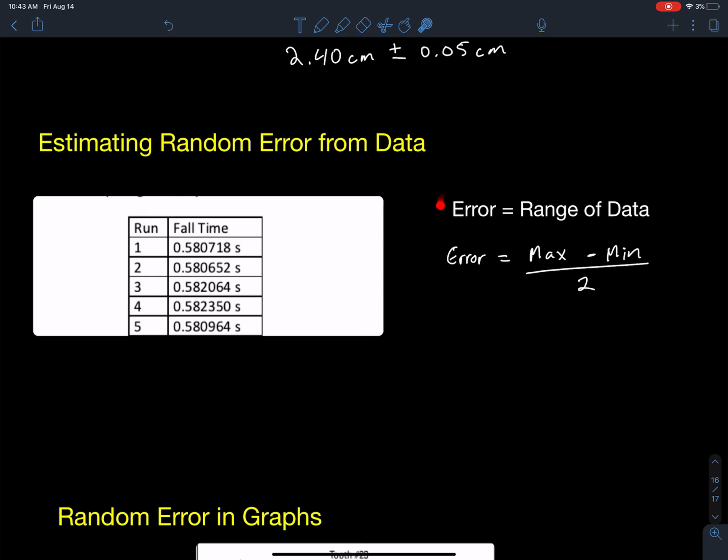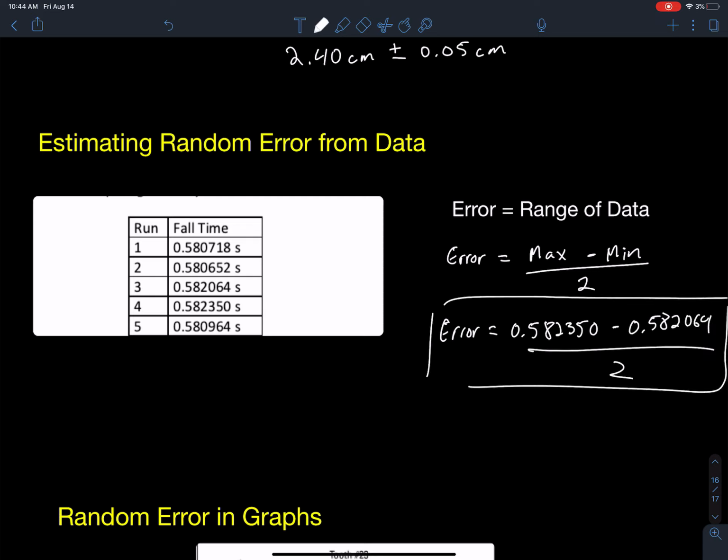Well, the random error from data is an estimate of my range of the data, and I can get that by finding the maximum value and the minimum value and dividing by 2. So here my error is going to be, what's the maximum that you see there? 0.582350 minus the minimum, which is 0.582064, divided by 2.